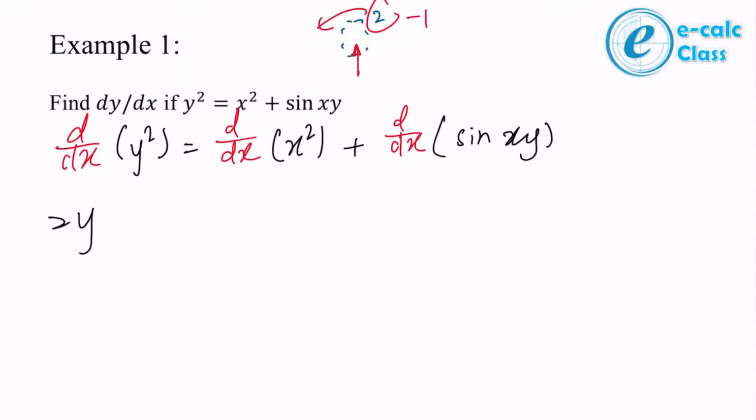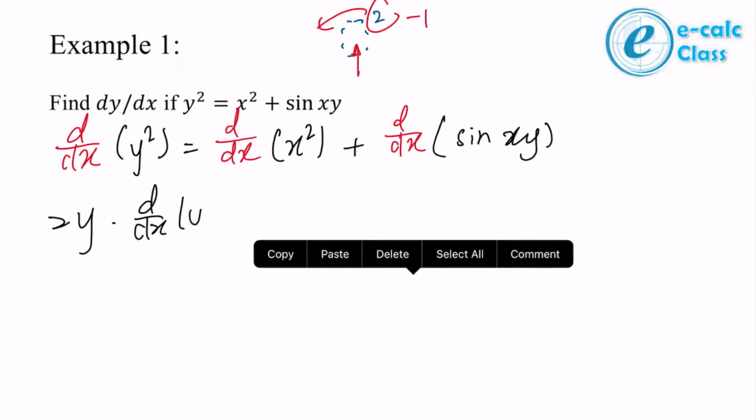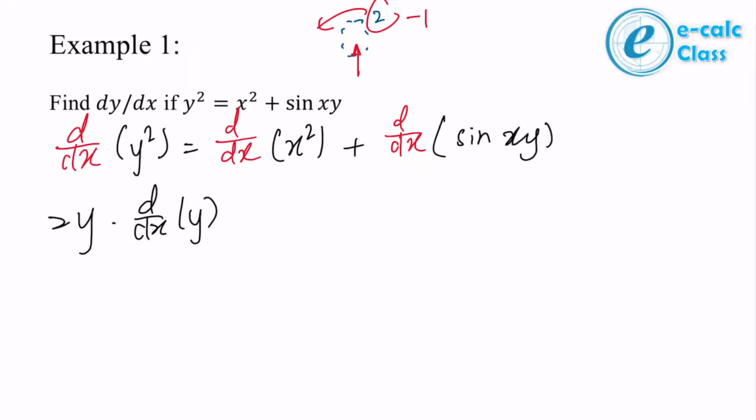So we don't know, just write like this, d/dx of the inside function, which is y. Can you see it? The outside function is the one in blue, okay? This one, blue squared. Then I bring down the power, minus 1. Then differentiate inside. I don't know how to differentiate y. So I put d/dx of y. Okay, then for this one it's very easy. Because you see this x and this x, no problem. Plus, how about this one?